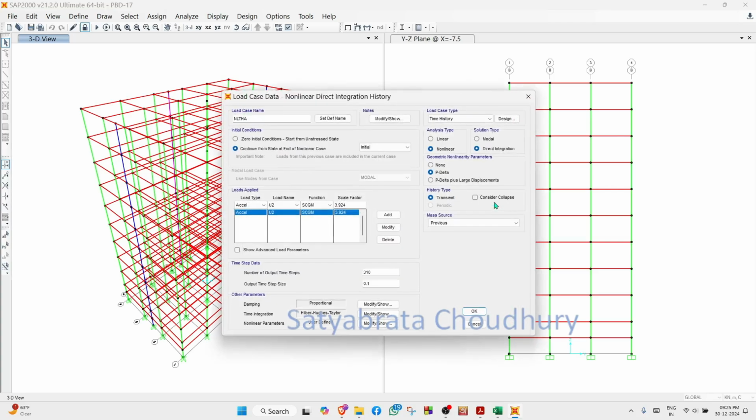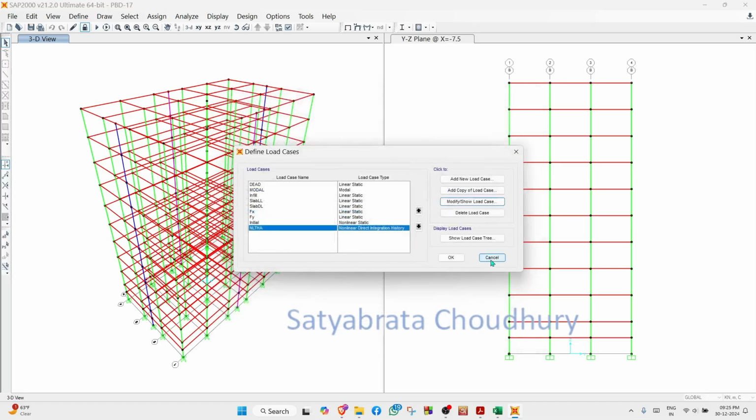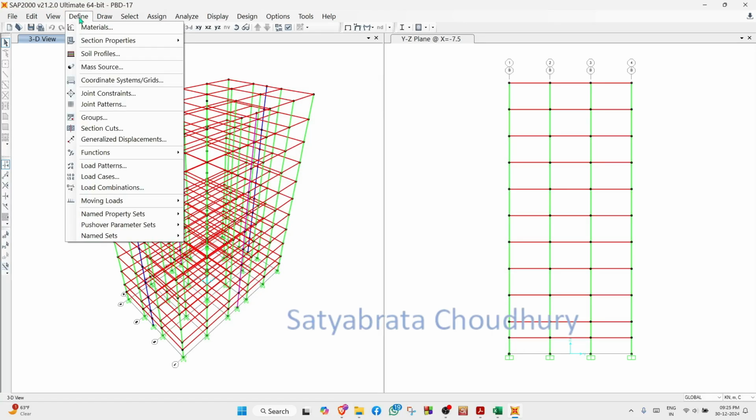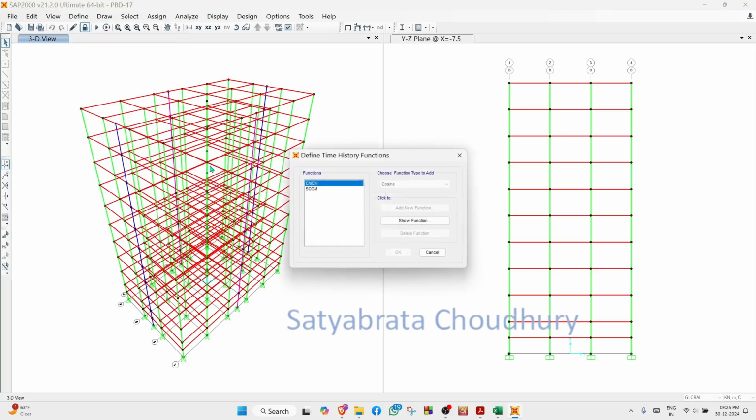This is starting with that initial case, and it is along that y direction, and it is with SCGM, the spectrum compatible ground motion. Let us see what is the spectrum compatible ground motion. Define, if you go to function and time history, this spectrum compatible ground motion we have taken as per the Eurocode 8, EC8, at 0.4g level.